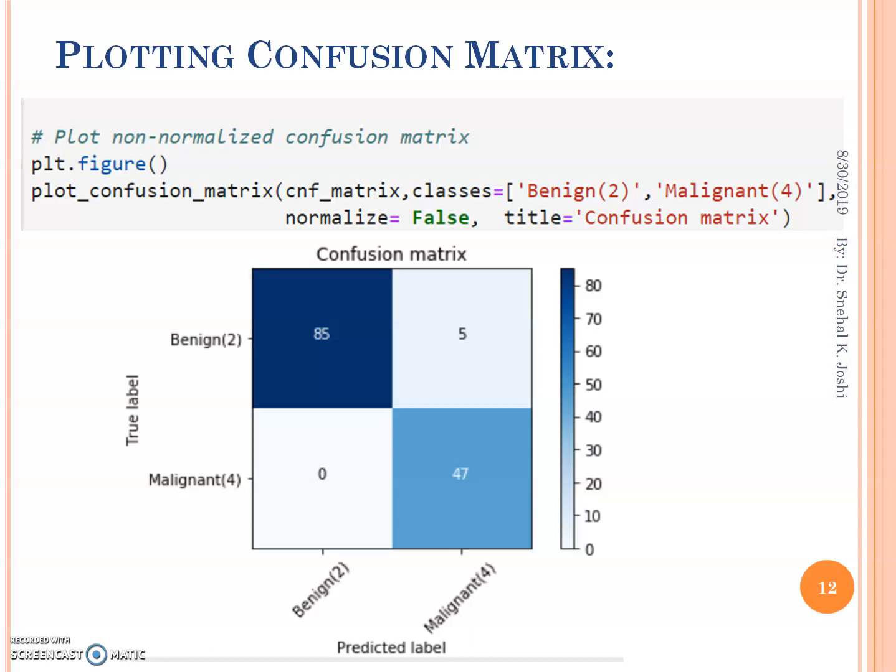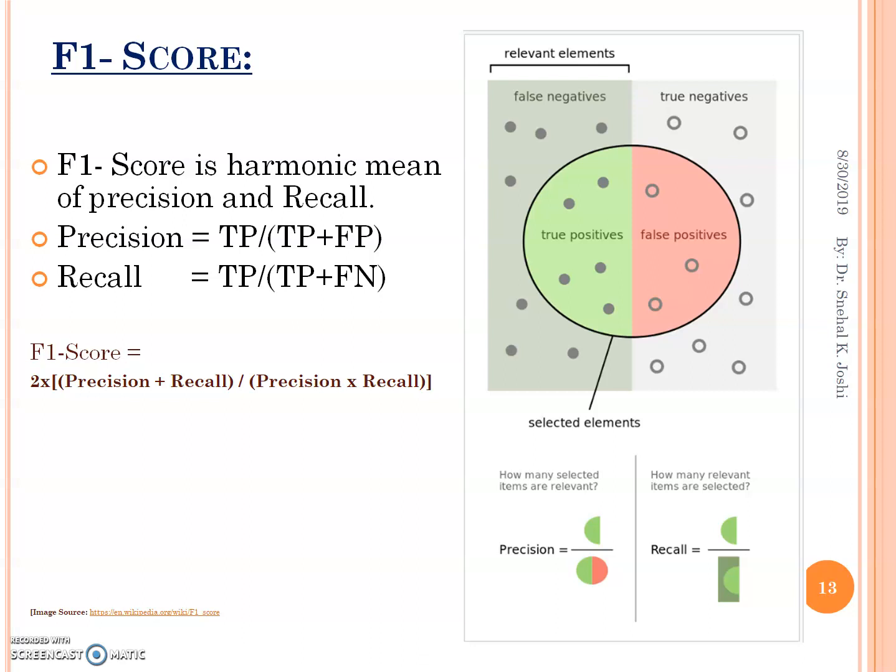Okay, so let us understand the F1 score and its interpretation. Look at the image and it will give you a very clear idea to understand the F1 score. The F1 score is the harmonic mean of precision and recall. First understand what is true positive, true negative, false positive and false negative.